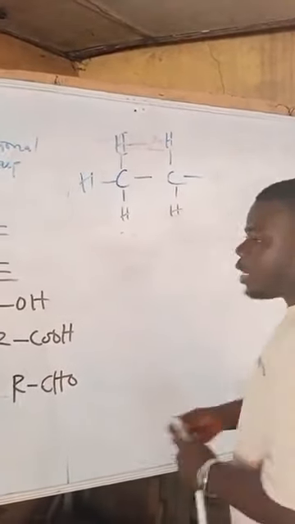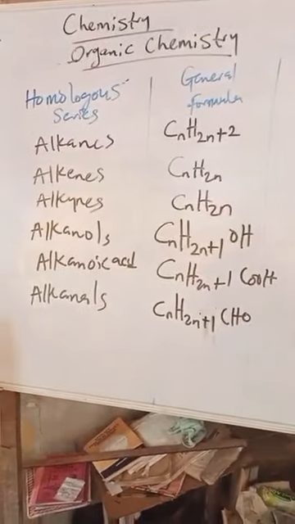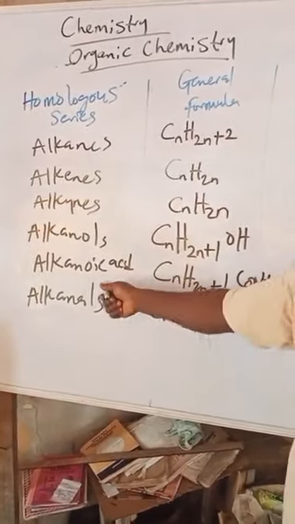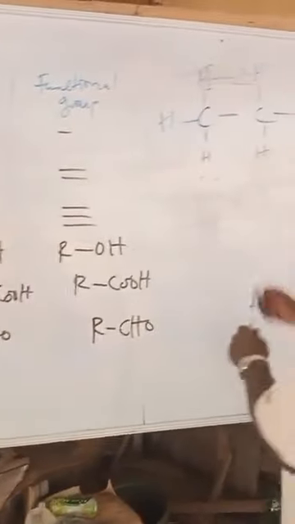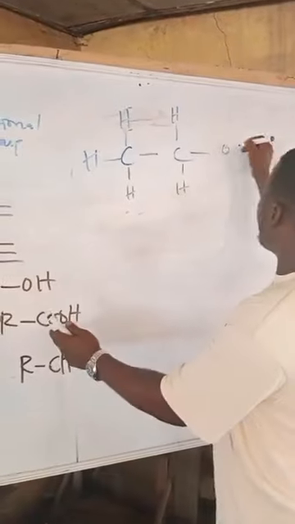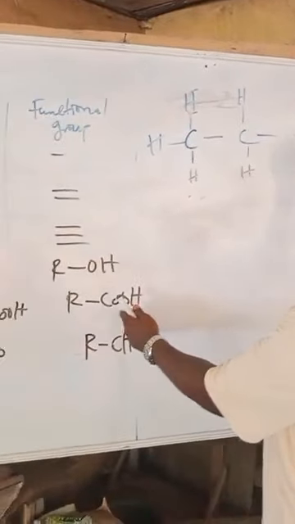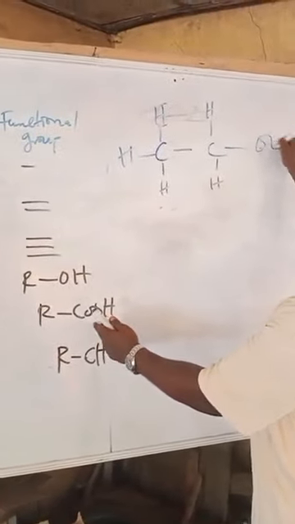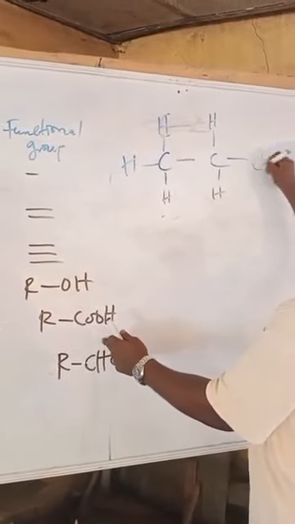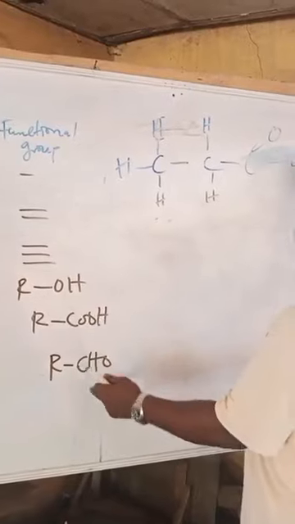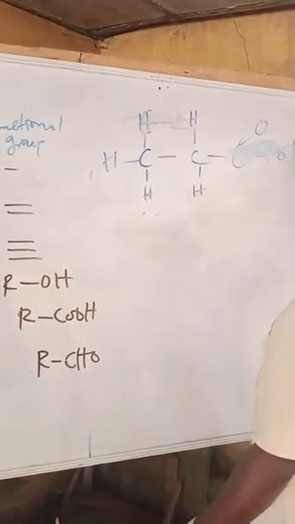And what if we have this alkanoic acid, also known as carboxylic acid, right? What if we have something like this? Okay, let's say COOH.